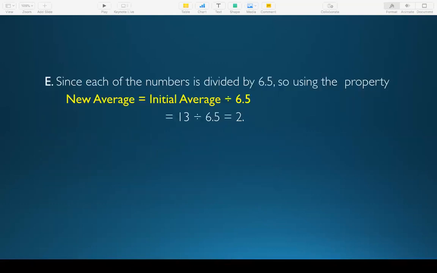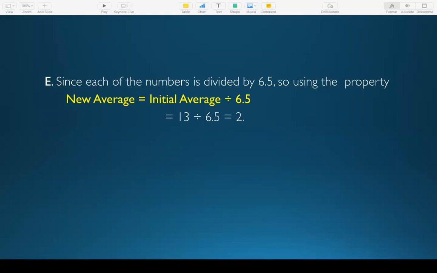So in the answer, the new average would have been the initial average divided by 6.5, right? In simple terms, let's say you have taken some set of numbers in your mind and you found the average of those set of numbers to be, let's say, x.